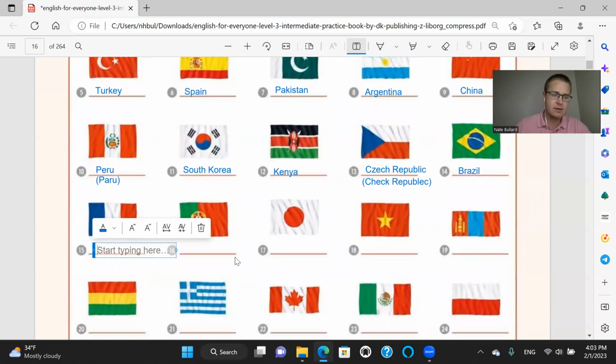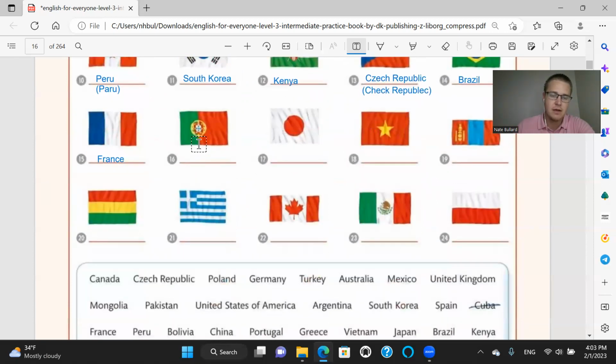Okay. All right. Number 15. This is Francia in inglés, France. Number 16, Portugal. Es otro ejemplo de el acento en español. Está al final de la palabra Portugal. En inglés, Portugal.